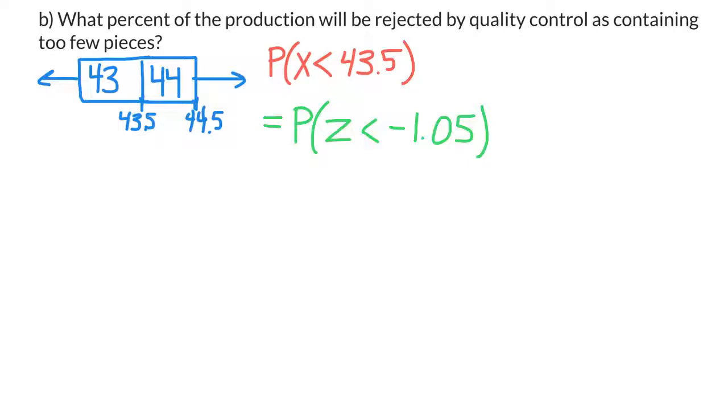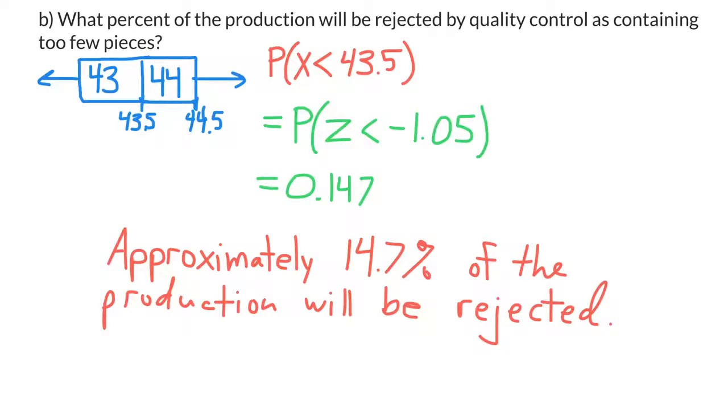I have to change that to a z-score, so I'm looking for the probability that z is less than negative 1.05. So when I look up my z value on my z-score table, I get a value of 0.147. So about 14.7% of the production will be rejected as having too few pieces.